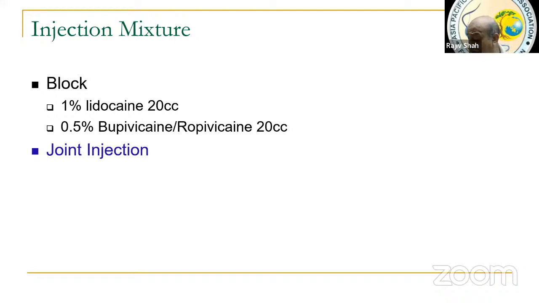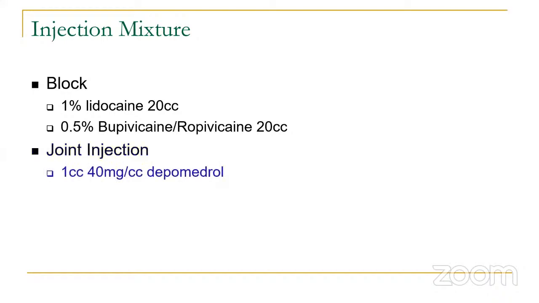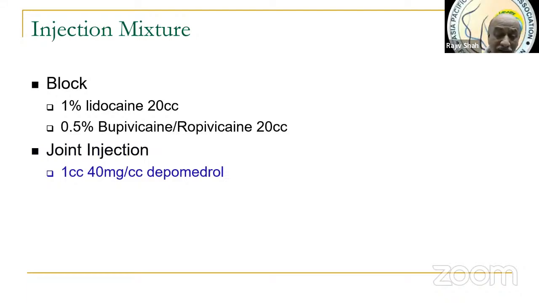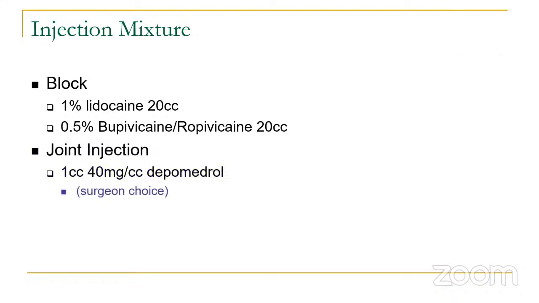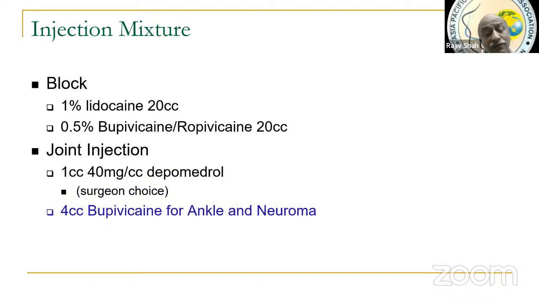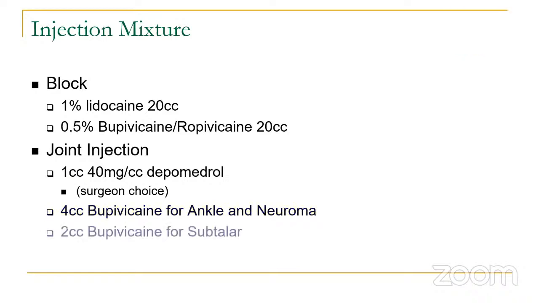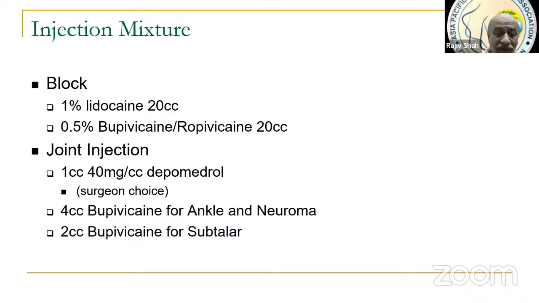When we are using a joint injection, we are using either 1 cc of depomedrol, which is now not available, so you could use triamcinolone, and 4 cc of sensorcaine, because we want to give a long-term relief. And you also use 2 cc if you are putting an injection into subtalar joint or sinus tarsi.